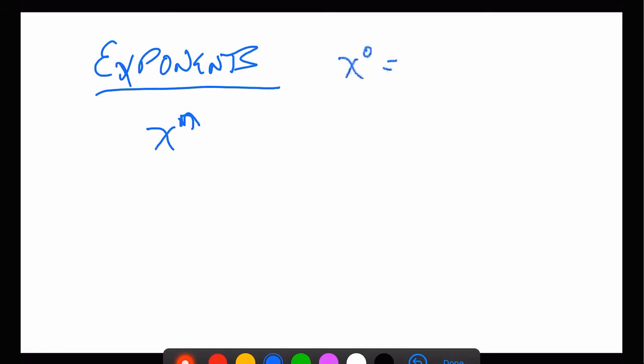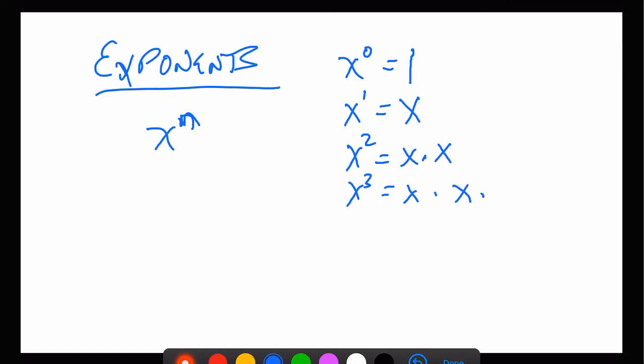Well, x to the 0 power is 1. X to the 1 power is x. X squared means x times x. X cubed means x times x times x. Hopefully we know that.